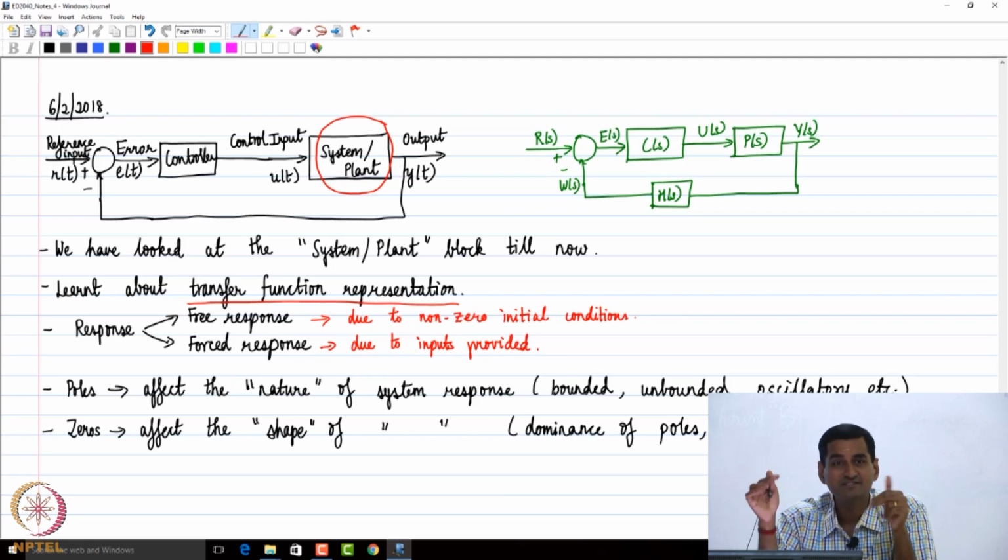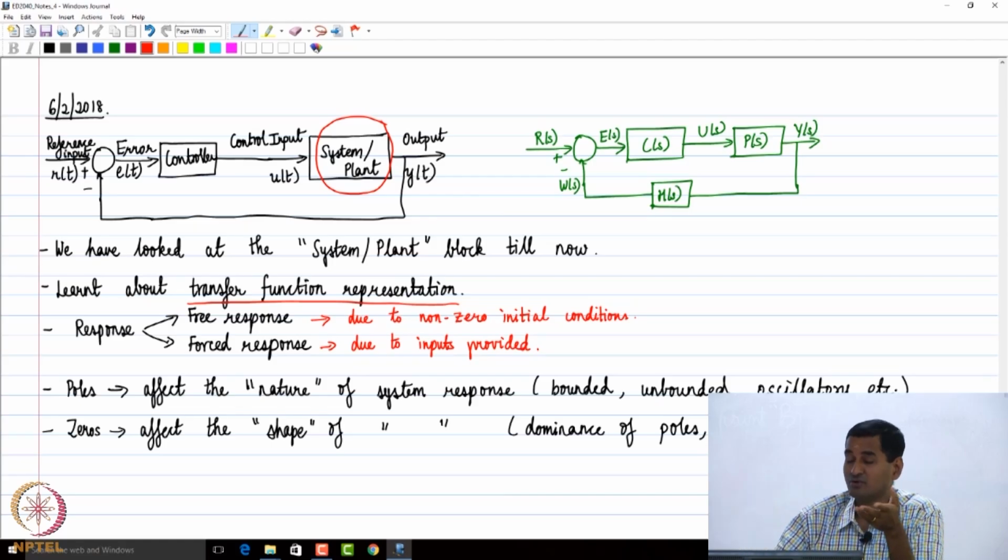So in a certain sense, they affect the shape of the dynamic response, in the sense that they will affect the dominance of certain poles which are near to them. If you have a non-minimum phase zero, we know how the shape of the response is going to be: the output is going to go one way and then shift to the other way.